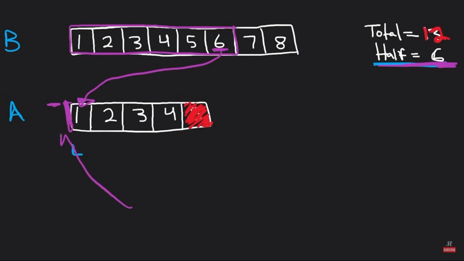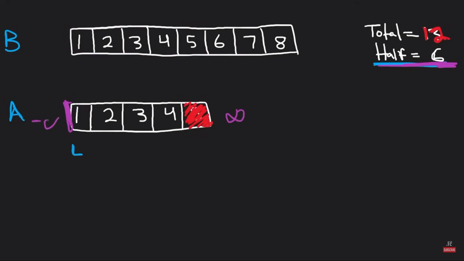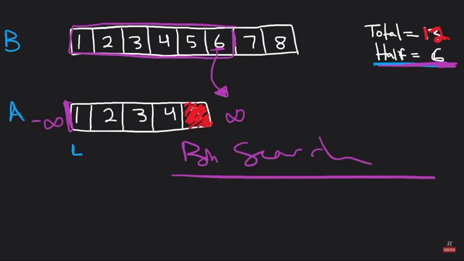But if we had 0 values here, I'm going to basically default that there's a positive infinity over here and a negative infinity over here, so that if we wanted all elements to come from a single array, we would be checking, okay, is this less than or equal to the positive infinity? I'm going to show you what I mean in the code, but I hope that the main idea of what we're doing, the binary search to find the median, is at least somewhat obvious now.